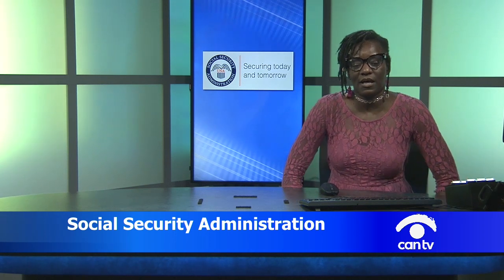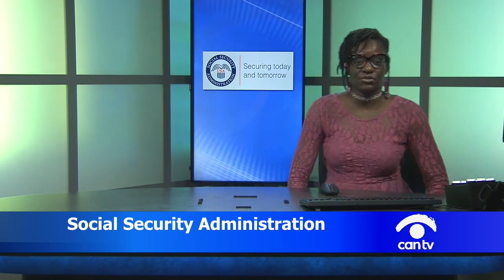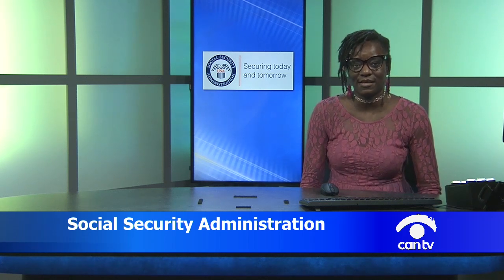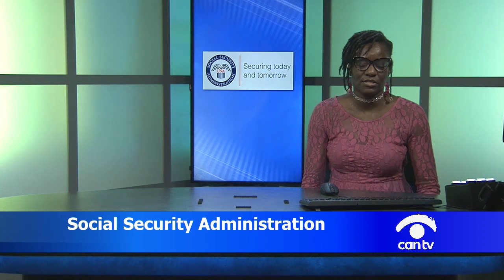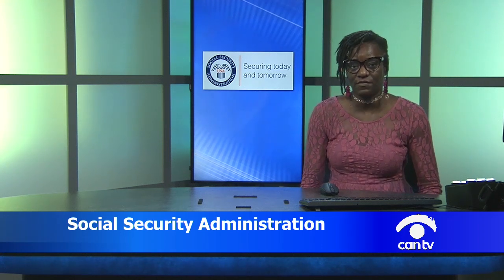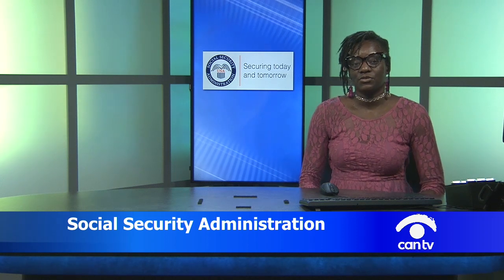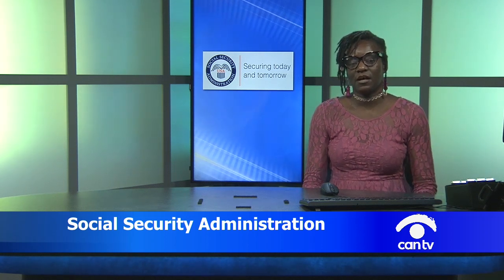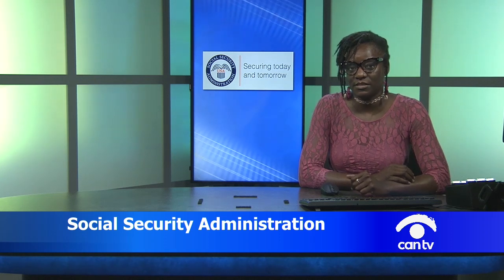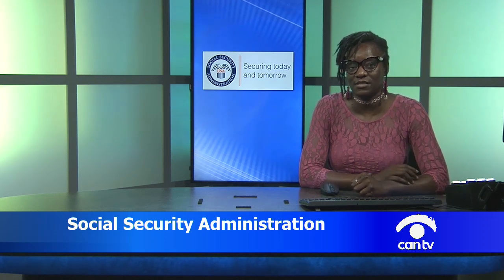In order to apply for or replace your Social Security card, you would need a valid driver's license, state ID, or U.S. passport. You cannot make any changes such as your mailing address. If you want to send your card to an address that differs from your ID, you would not be able to do that. So all information has to be the same.